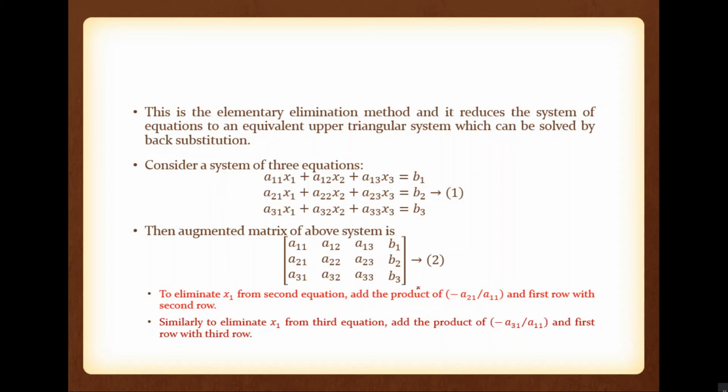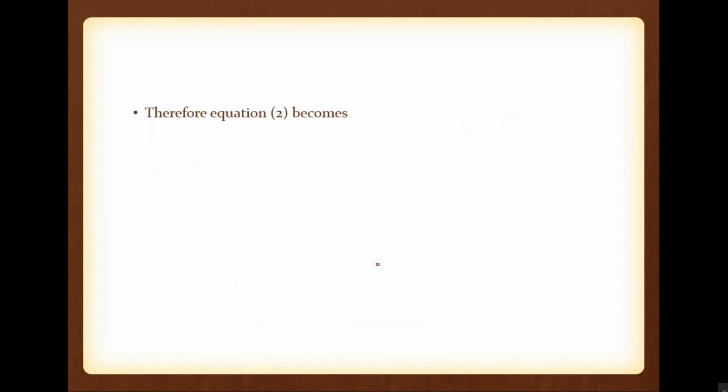Okay, so I think you noted all this. Now we are going to start the first elimination. So I told you each elimination has two steps. So what is the first step? What is the augmented matrix? A11, A12, A13, B1, A21, A22, A23, B2, A31, A32, A33, B3.